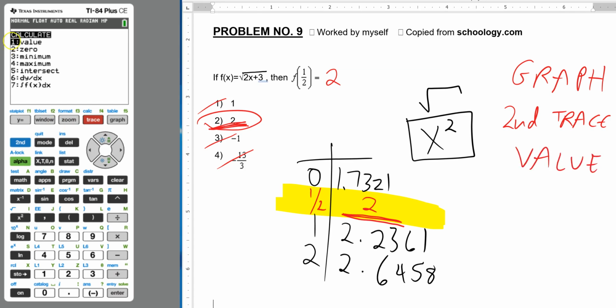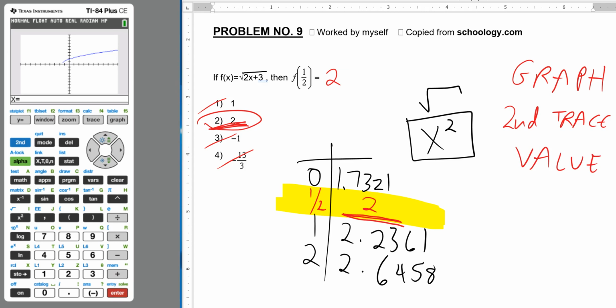You see the first choice there says value? You can type in anything for x that you want. So we're going to type in 1/2. 1 divided by, to get that slash, 2. And when we press enter, it tells us what y is, and sure enough, look what y is. Y is 2. Okay, so by one of these methods, we can figure out f of 1/2.